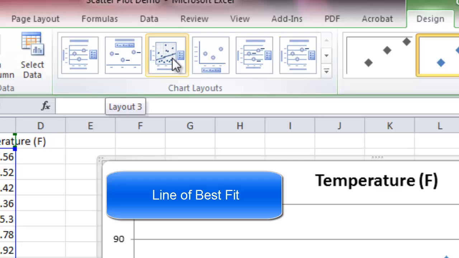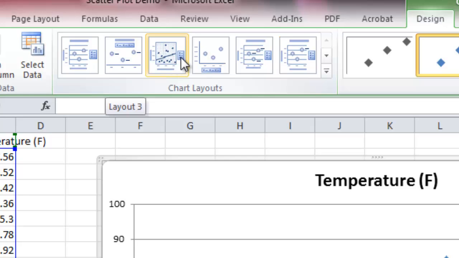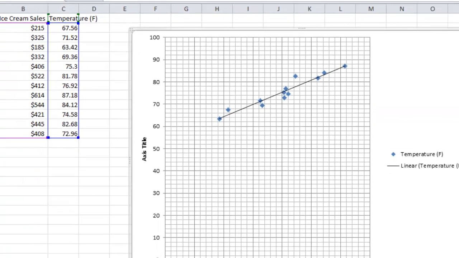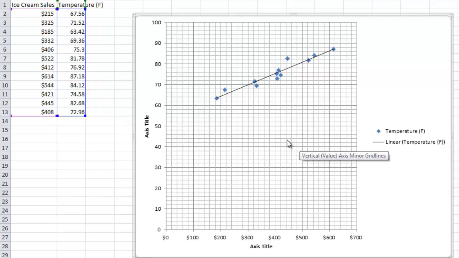If you look up here in the chart layout, you'll see that there's one that's got a little line there. So let me click on that, and what this has done is draw a line called the line of best fit that is a straight line to best represent all these points.